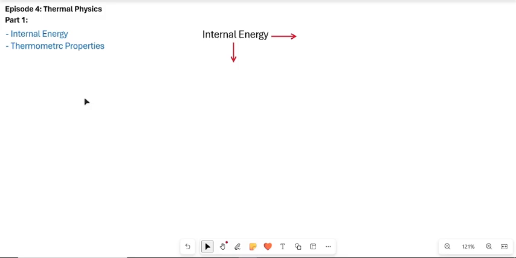Starting off, what do we mean by internal energy? So internal itself just tells you something that is inside the particle, right? So internal energy is essentially the sum of energy of particles in random motion.